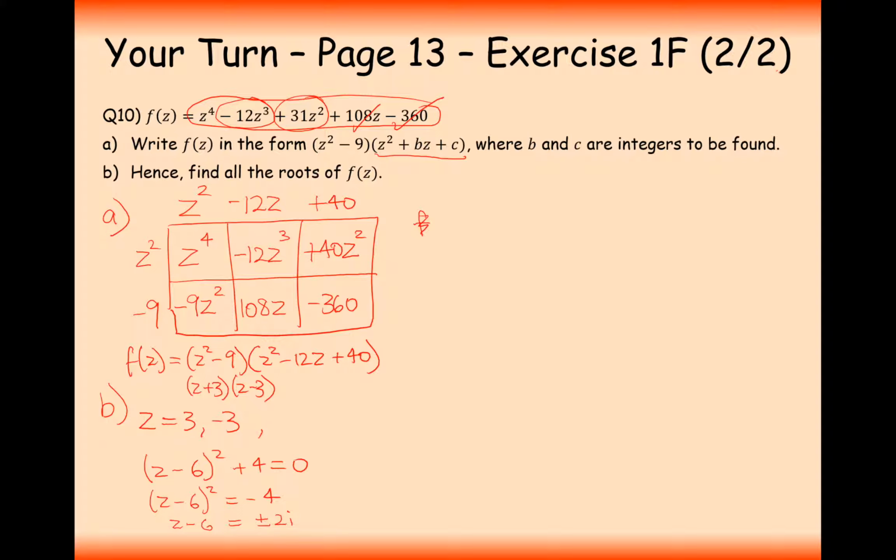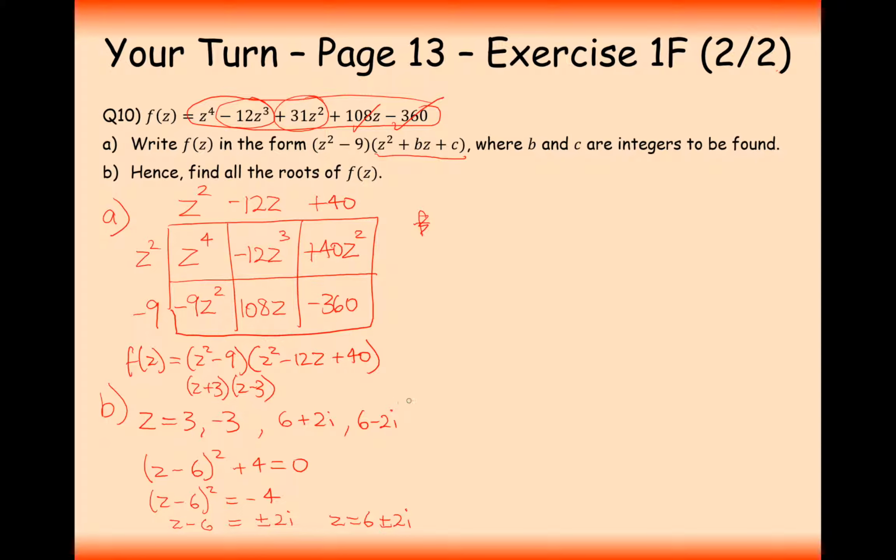So the 2 roots from this quadratic term are going to be 6 plus 2i and 6 minus 2i, once we've added the 6 onto the other side. So z equals 6 plus or minus 2i.